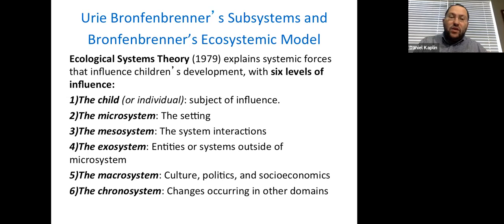Now, when we get to the exosystem, that's a more outer layer, and that does not have direct interaction with the child, but it still can influence the development of the child. What do I mean by that? Your parents' place of work. Very rarely do children interact with their parents' place of work.